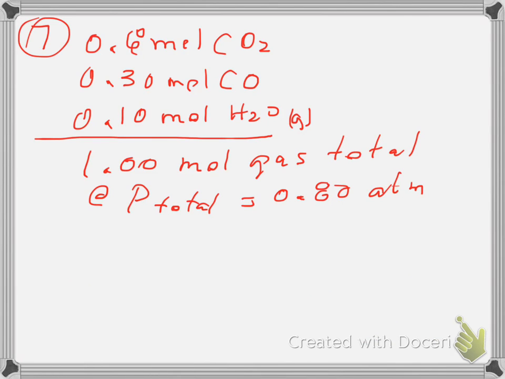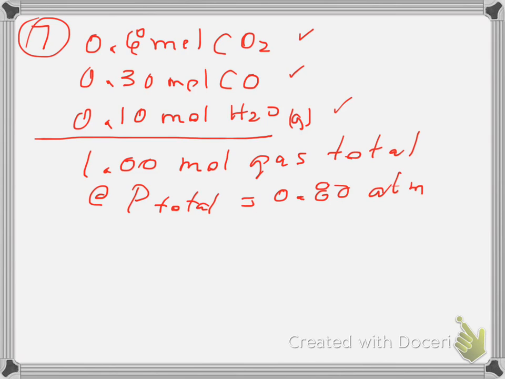Okay, for number 7, they give you the moles of 3 gases and the total pressure. So you've got carbon dioxide, gas 1, carbon monoxide, gas 2, and then water vapor, gas 3, which is a total of 1 mole of gas, and it says that the total pressure is 0.80 atmospheres.